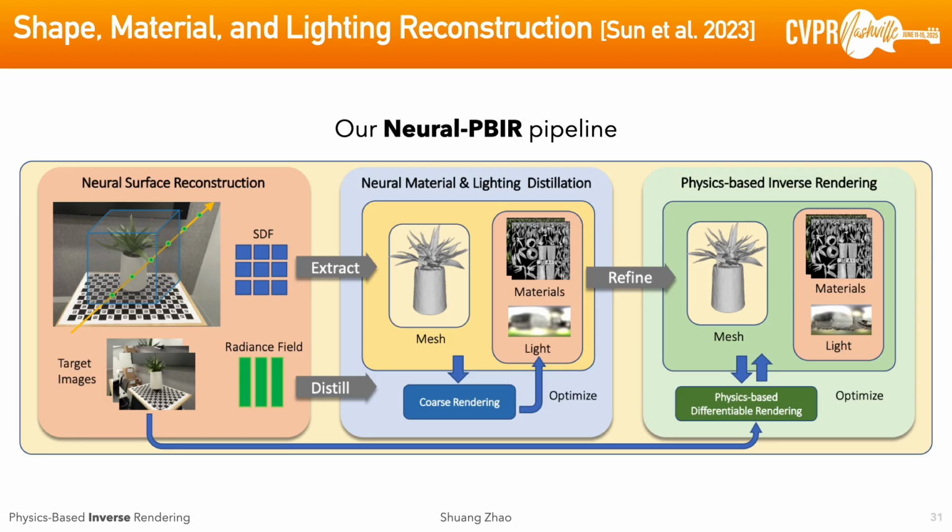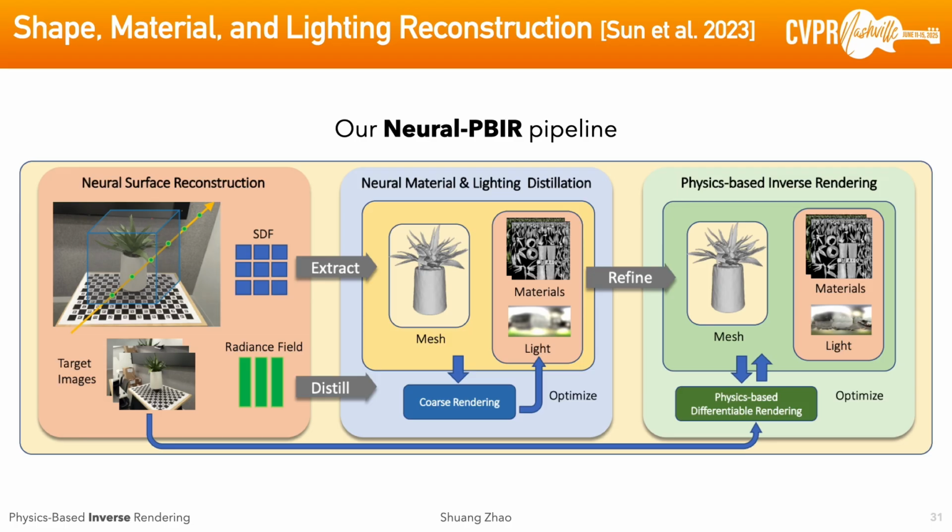Briefly speaking, the reason it's called neural PBIR is that it really combines neural methods as well as physics-based pipelines, which I think is a very reasonable thing to do. You can see, shown on the bottom, starting with a NeRF-like pipeline, we obtain an initial estimation of the object geometry. Then we have a distillation step that obtains a brief estimation of light as well as material properties at each vertex of the mesh.